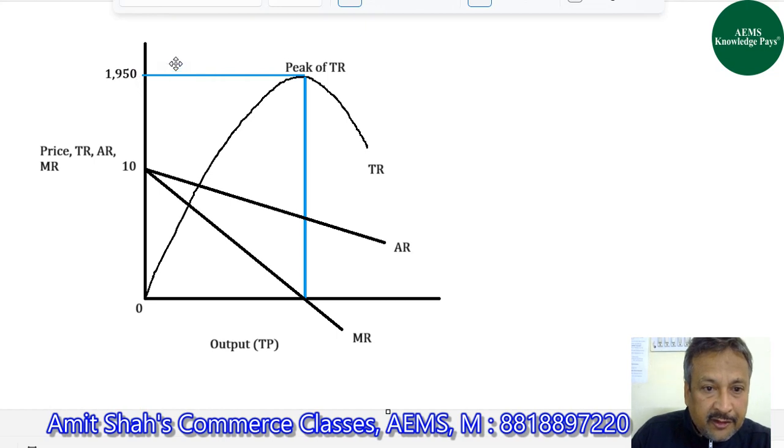As per our revenue schedule, the peak point of TR is rupees 1950. Mark this also in your graphs, guys. Then, right? Have you made this all?